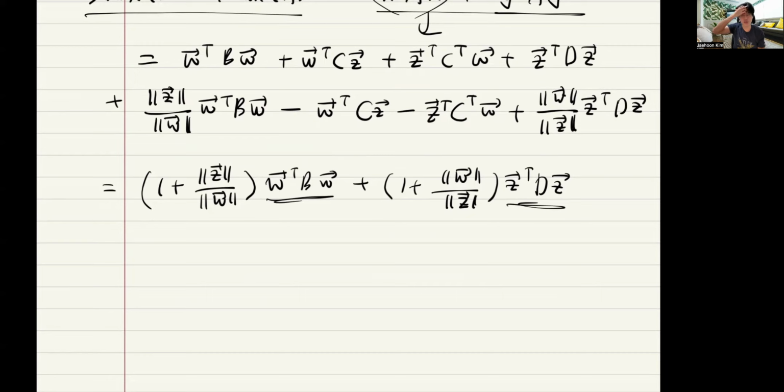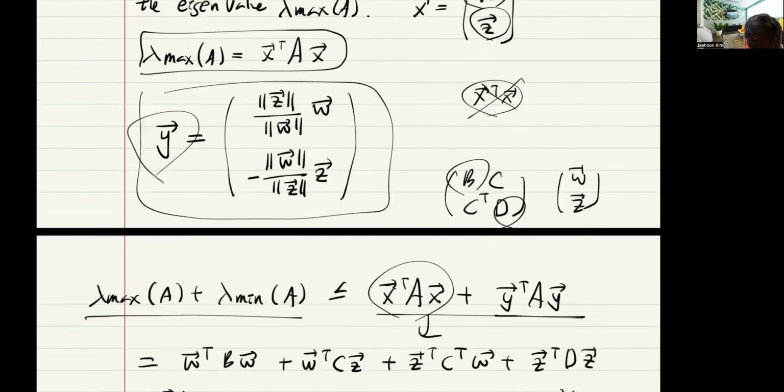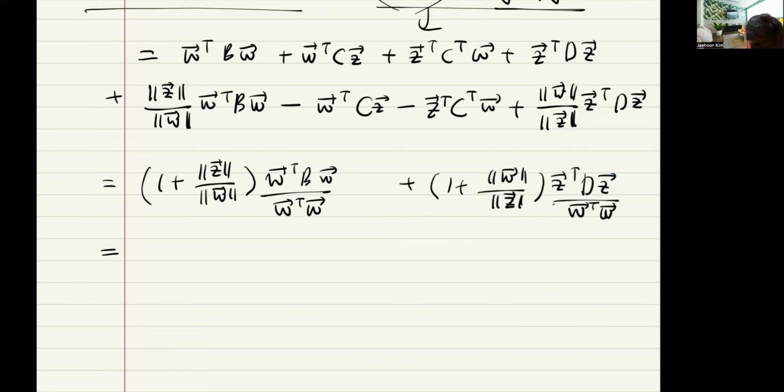But again, by the Courant-Fisher theorem, they are upper bounded by the largest eigenvalue of B and D. But here, W and G are not unit vectors. You have to write this as this.